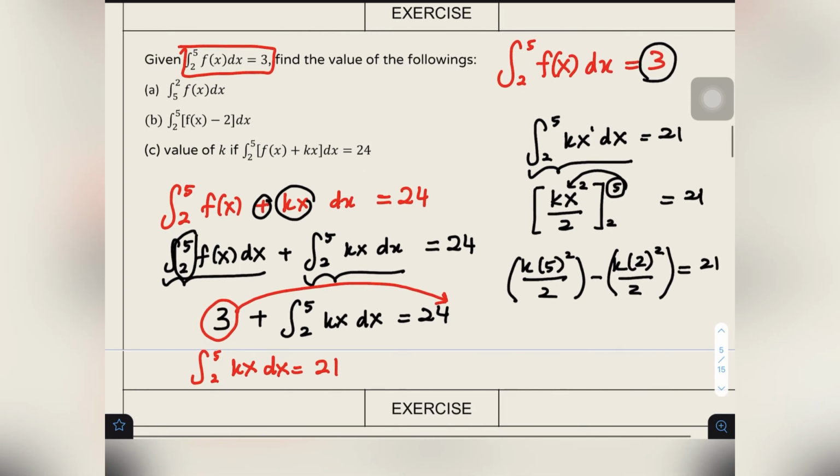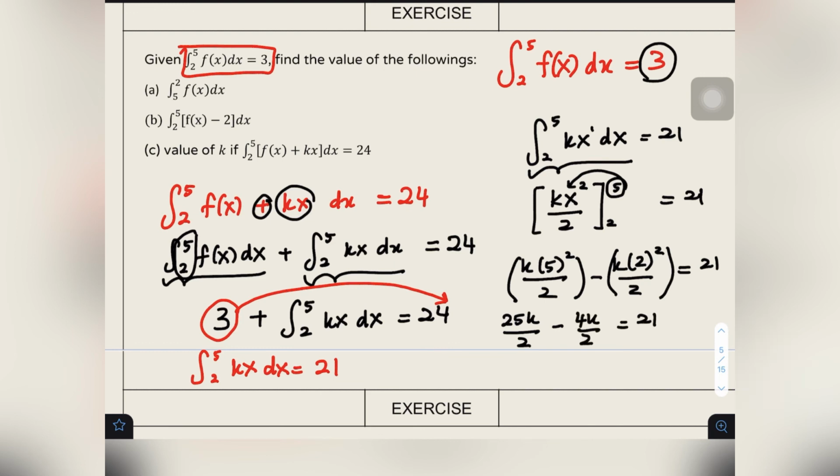Alright, so we have here 5 to the power of 2 is 25k over 2 minus this one, 2 to the power of 2 is 4k over 2 equal to 21. Correct? So 25k minus 4k becomes 21k over 2 equal to 21.